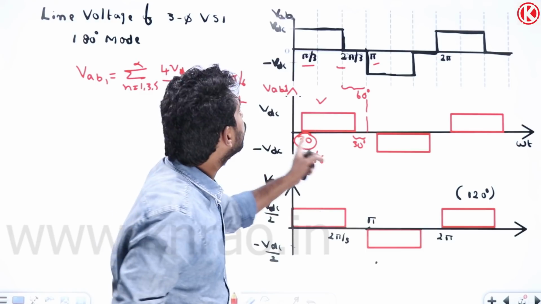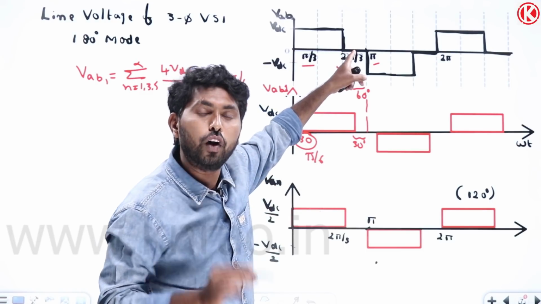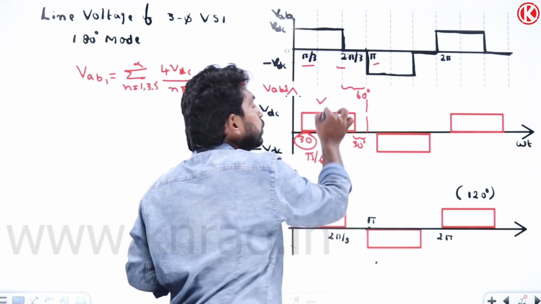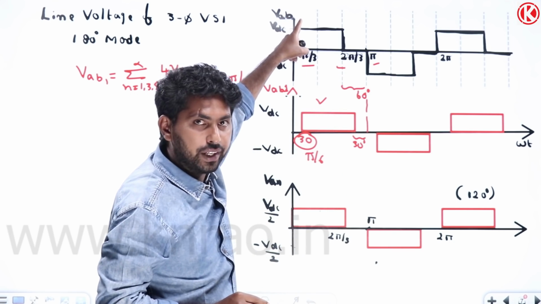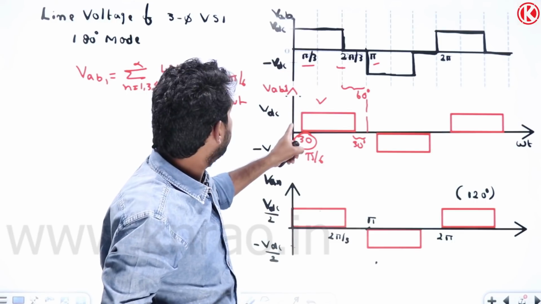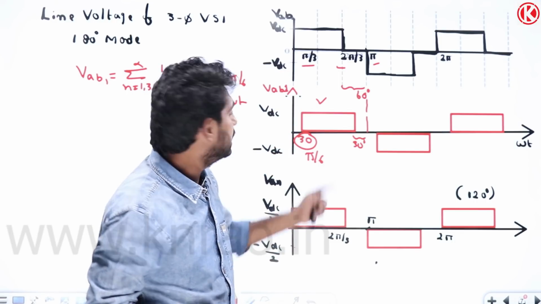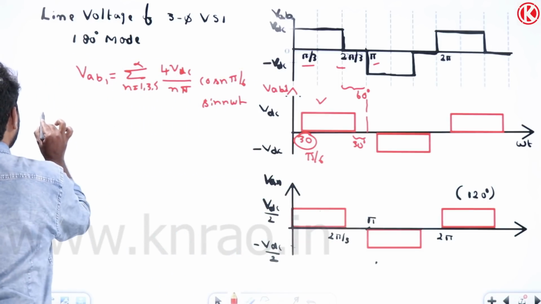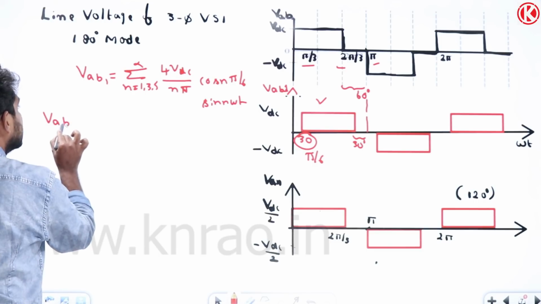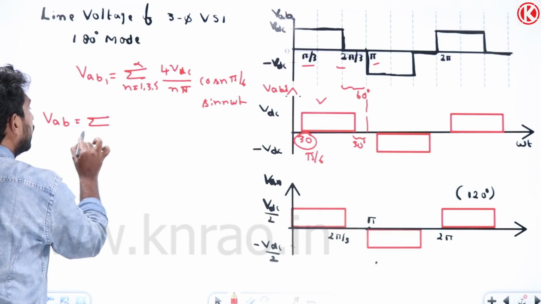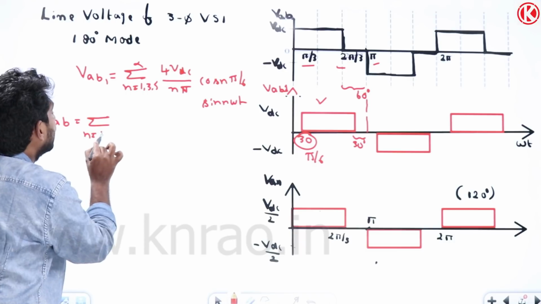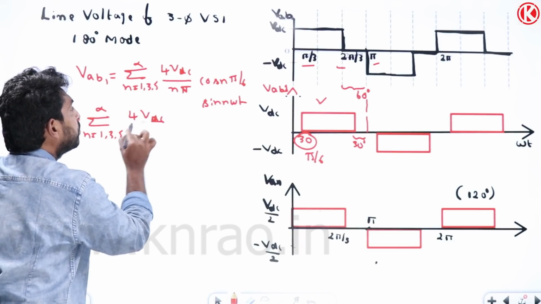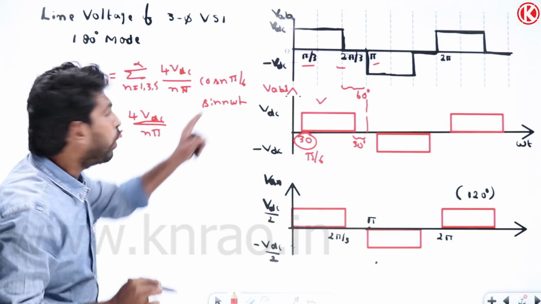So we have got this waveform, and we need to find the expression for this waveform. How can we find this? If you observe these two waveforms, this VAB leads the VAB1 by 30 degrees. So now I need to write the VAB. For this VAB, sigma n equal to 1, 3, 5 to infinity of 4 VDC by n pi into cos n pi by 6.